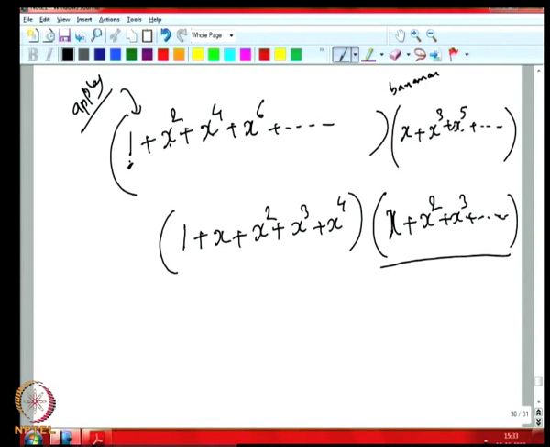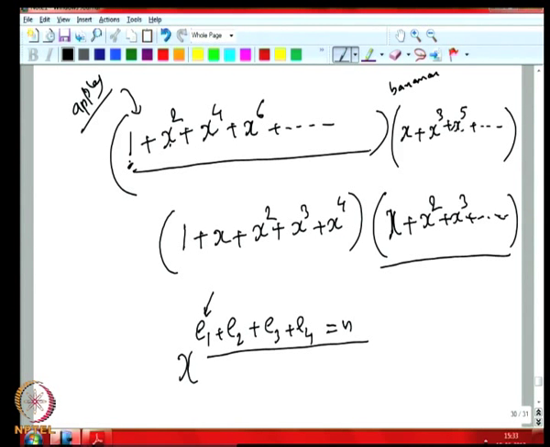Now, when you take the product of these, we see that some x to the power e1 plus e2 plus e3 plus e4 will be formed, where this is equal to n. This e1 is coming from the first term, which is definitely going to be an even number, and e2 is coming from the second term, that is going to be an odd number as we require, and e3 is between 0 and 4, and e4 is going to be at least 1 as we want.